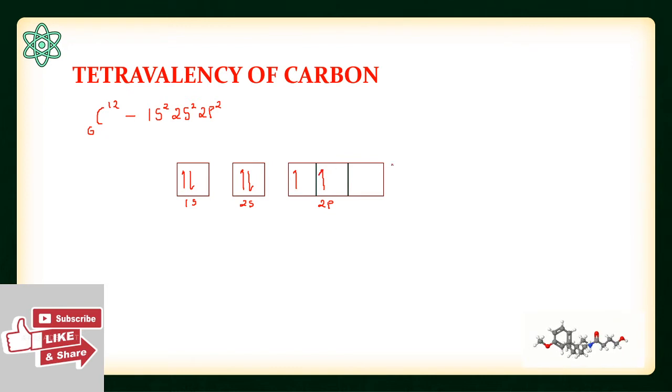Okay. Now if we observe this box diagram, we can see that there are only two unpaired electrons, and from this we understand that the valency of carbon is 2, but that is not true.